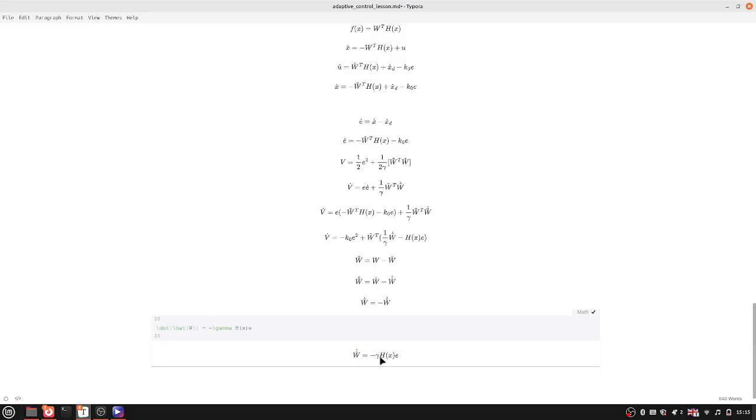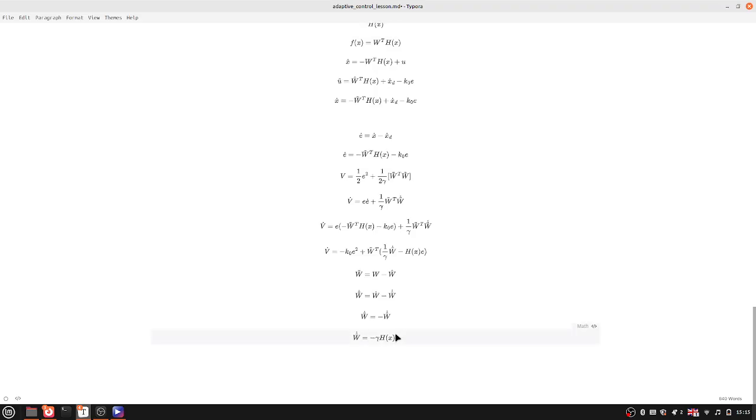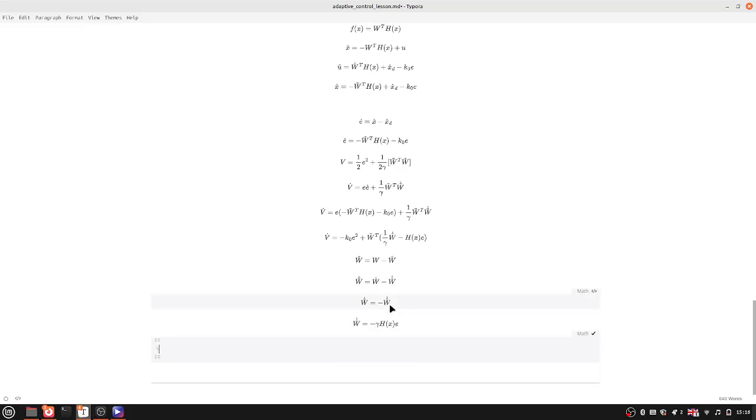So that is our adaptive law for the neural network, and that would leave us with the final dynamics, the final Lyapunov function of minus k0 e squared. Great, that's what we wanted.